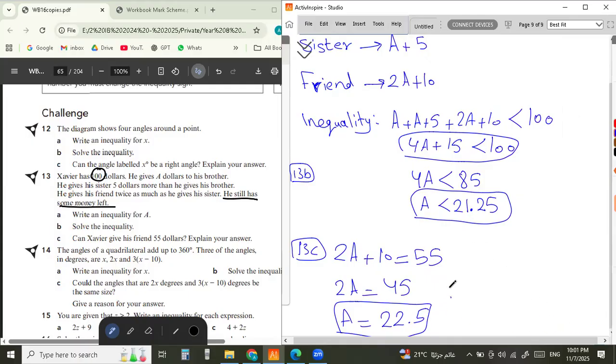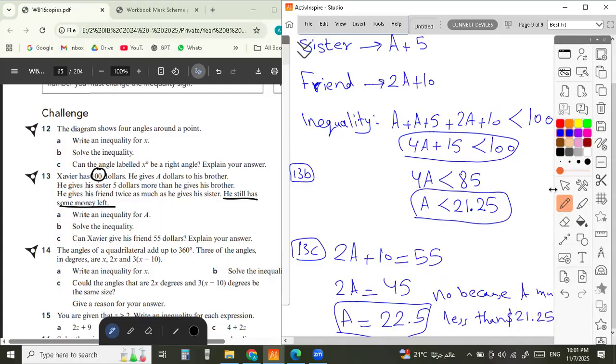So we must write no, because A must be less than $21.25. That's question 13.